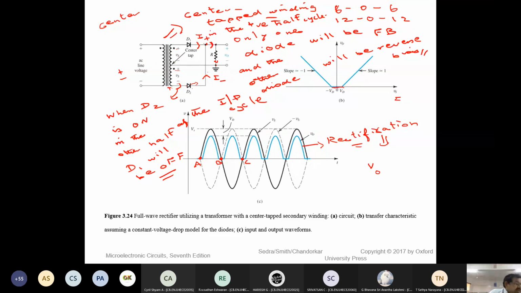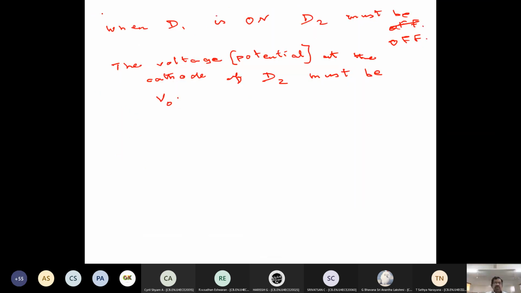So voltage at the cathode must be V0. Our aim is to find, don't forget, PIV. What is PIV? PIV is the peak inverse voltage, the maximum voltage the diode can take without entering into breakdown region. So voltage at the cathode of D2 must be V0.